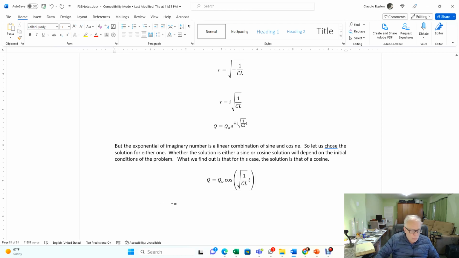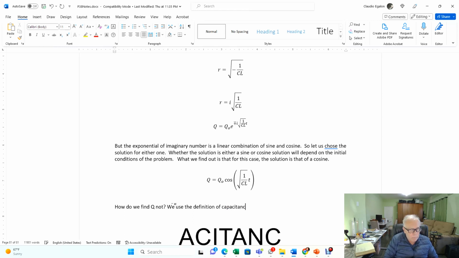How do we find Q naught? How do we find Q naught? Oh, we use the definition of capacitance.